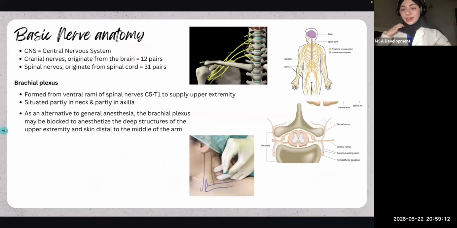Now, for basic anatomy of the nervous system. I want to begin this by saying this is not in your lecture, but I did include it because it's basics of the nervous system that will help you immensely in understanding some of the more clinical concepts of the brachial plexus. I will be mostly explaining how the brachial plexus moves and its structure in the body.